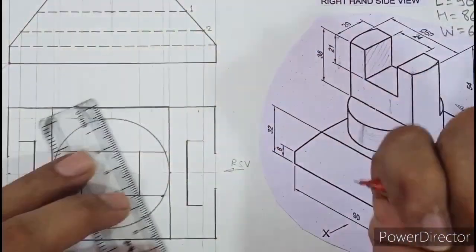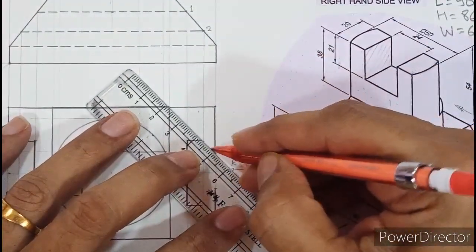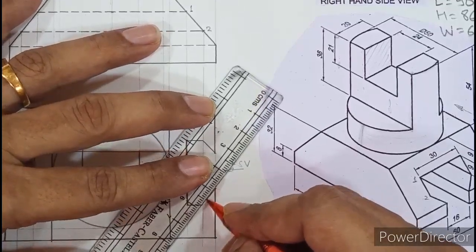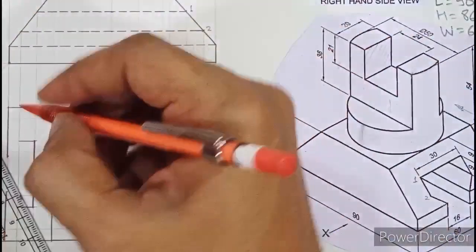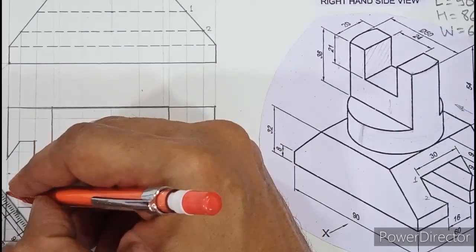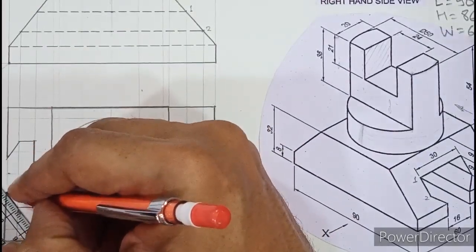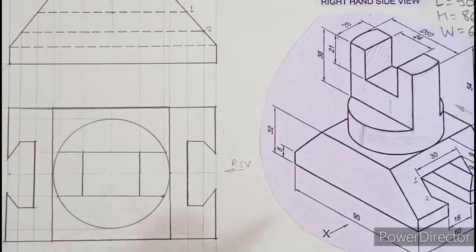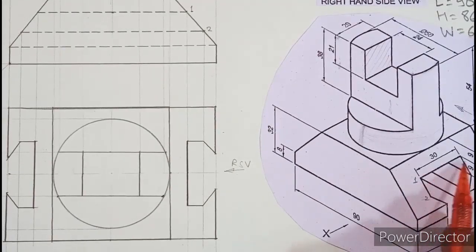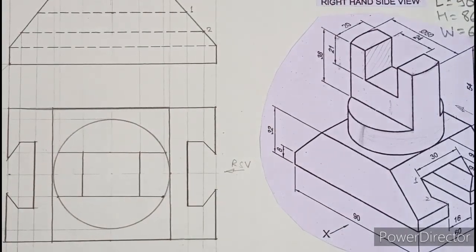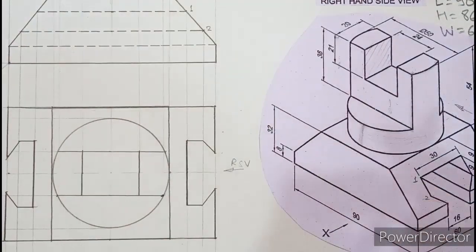So let me use a scale. We can join this dark. Say I have joined this dark. So that is how this slot is ready. So this trapezoidal slot, what you can see here, which is of a huge size, is seen apparent in the top view. It is reduced. Hope the concept is clear.